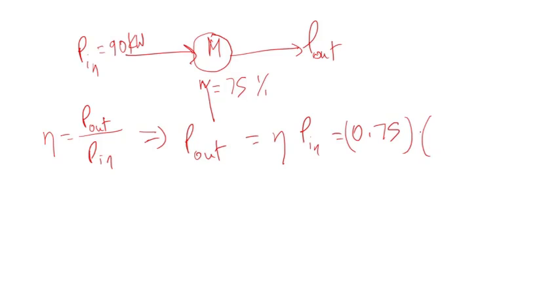The input power is 90 kilowatts. So if you calculate that, P out is equal to 90 times 0.75, which is 67.5.